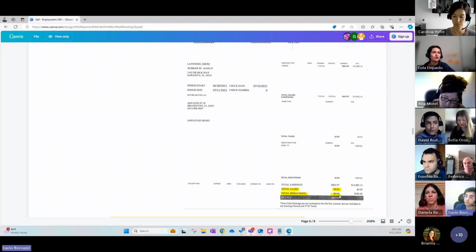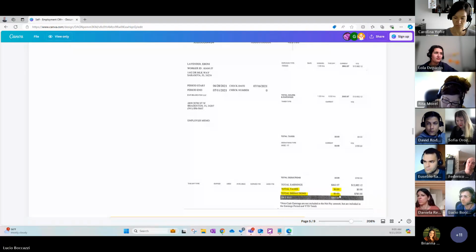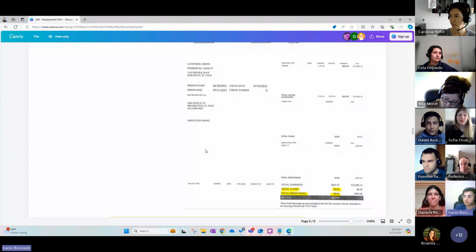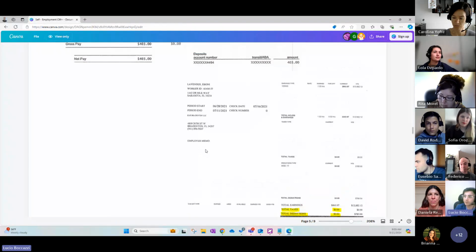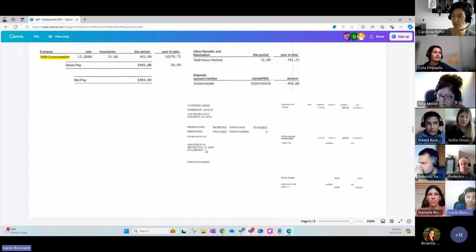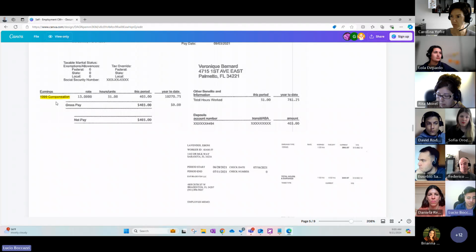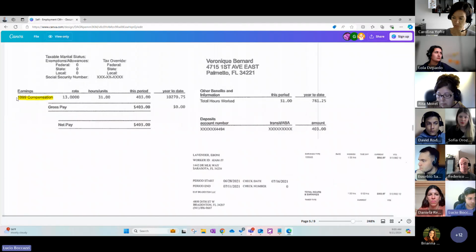So the applicant will need to change it so that the self-employment declaration is created and you will get all the information that you need. Am I making sense so far? Okay. Some extra keywords that could also let you know in normal pay stubs that you're actually dealing with self-employment could be this little phrase right here, 1099 compensation.